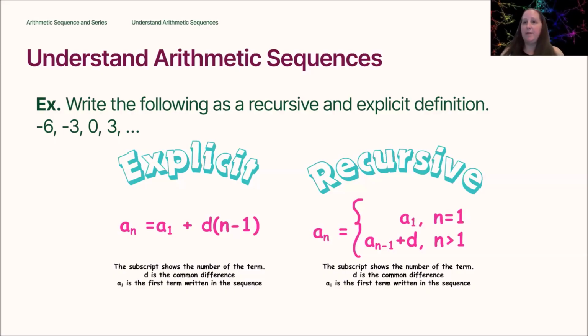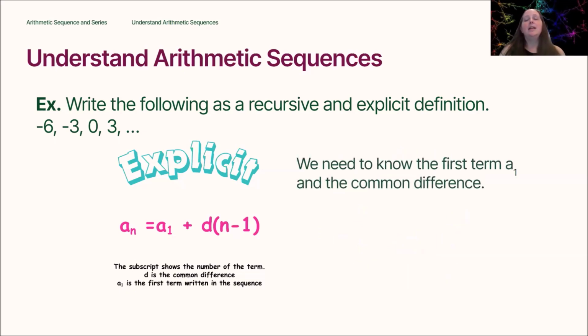For my recursive definition, I have a brace, a sub 1, so whatever my first term is when n equals 1, and then a sub n minus 1 plus d, my common difference for any term that's greater than that first term.